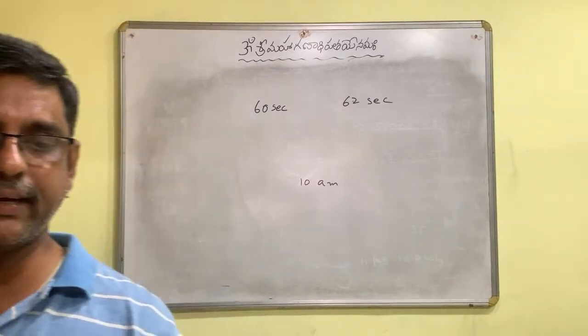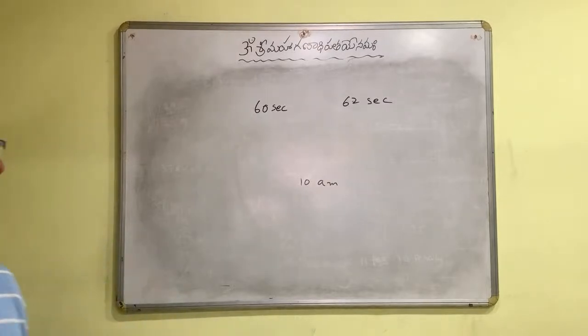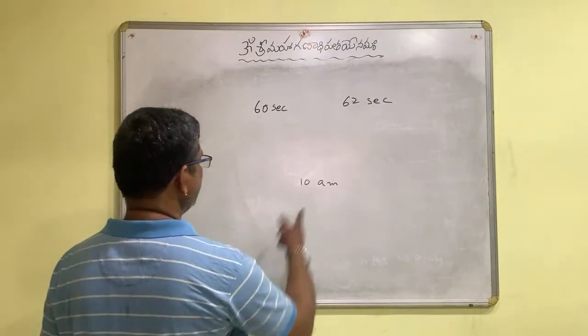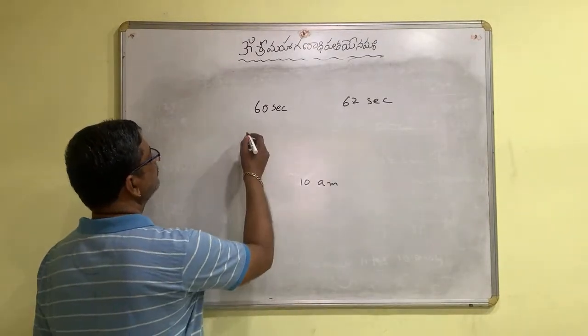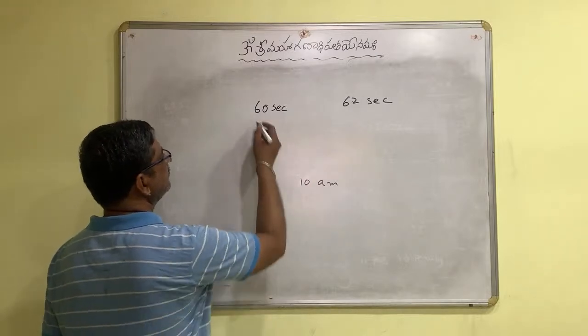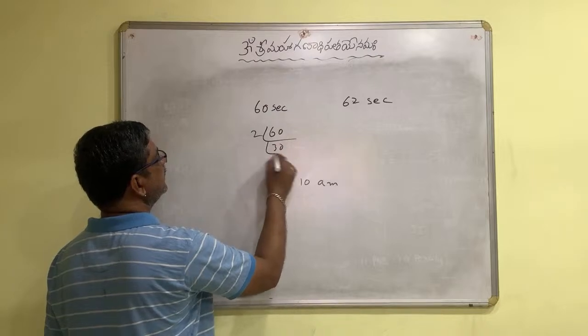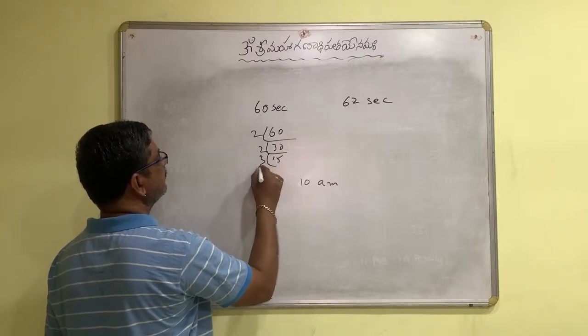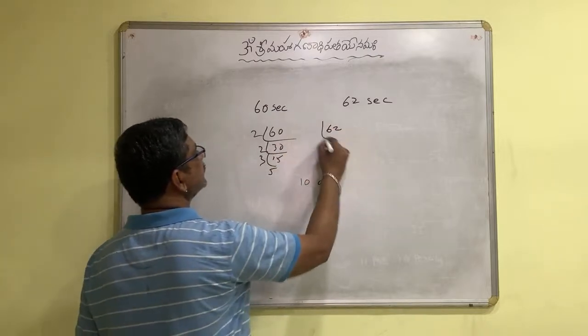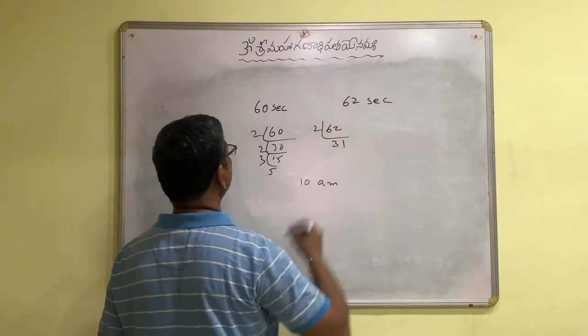So what we have to find out? 10 a.m. they have given. We need to find out their LCM. 60 is 30, 15, 5, and 62 is 31.